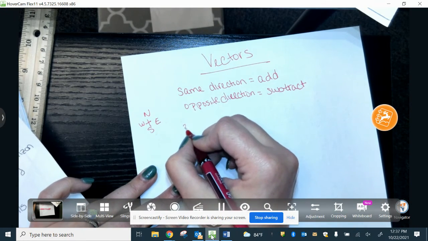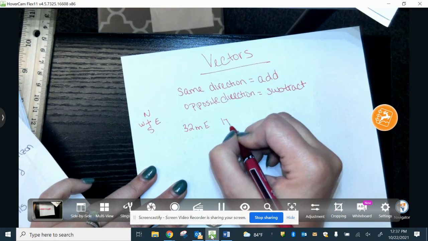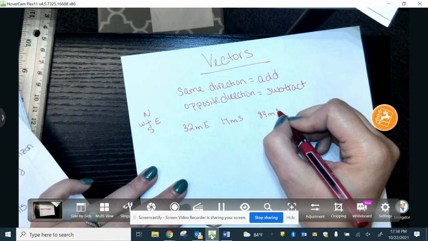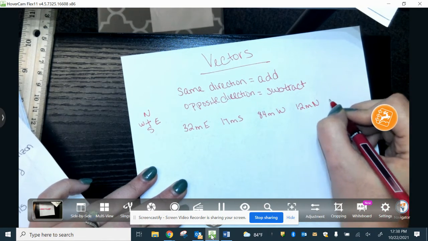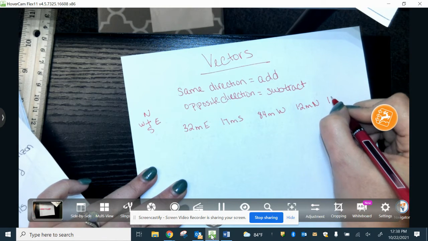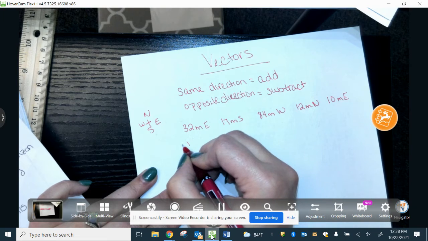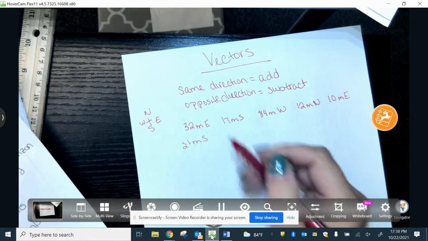Someone walks 32 meters east, 17 meters south, 84 meters west, 12 meters north, 10 meters east, and 21 meters south. What is their displacement?